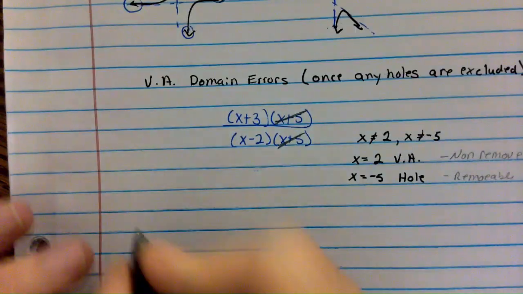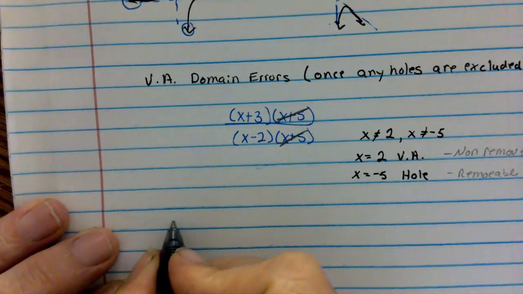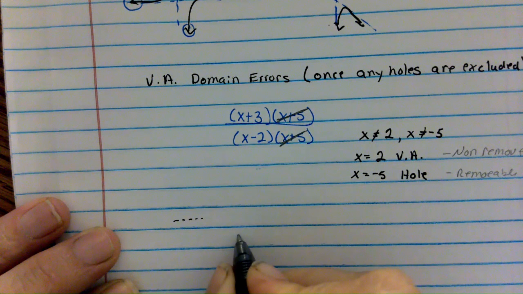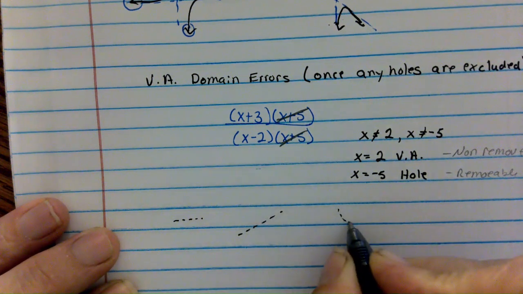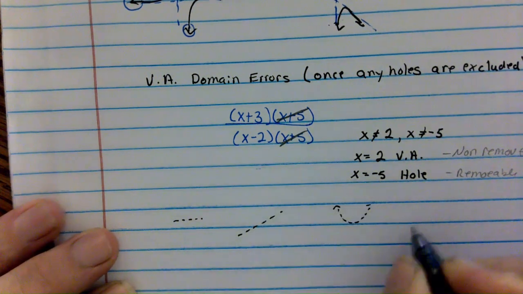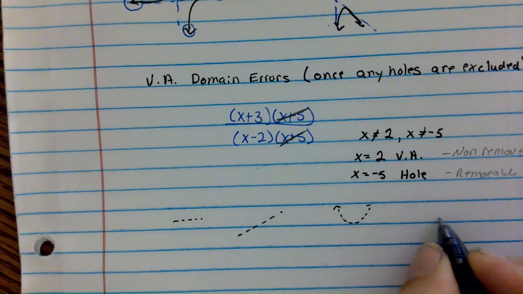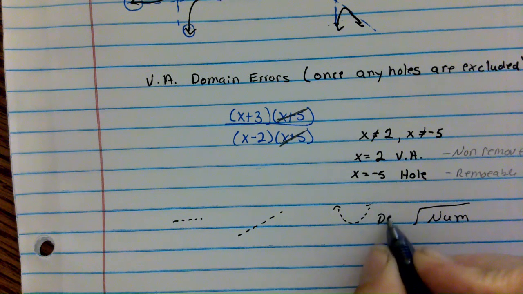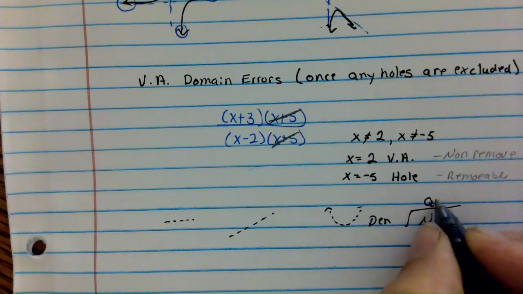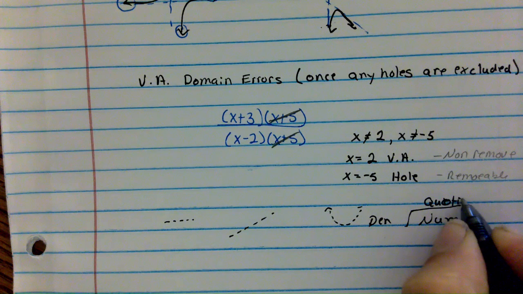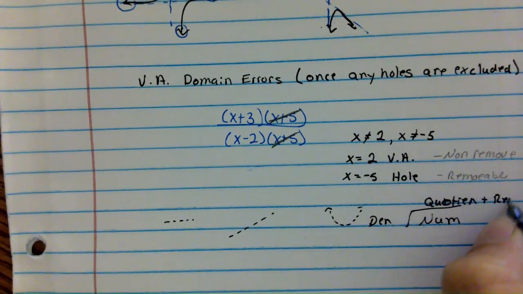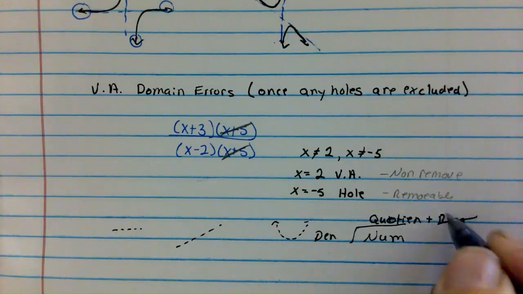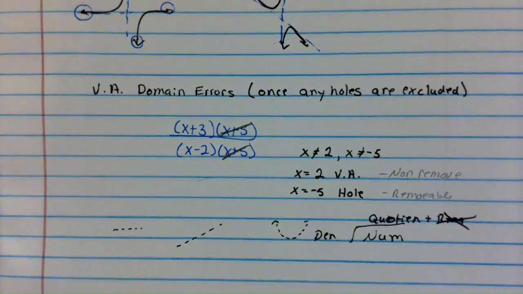Now, any other asymptotes, whether it be horizontal, slanted, parabolic, whatever, these are all found by taking your numerator divided by your denominator, and you'll get your quotient plus the remainder. You're going to kick that remainder out, and that's going to be your asymptote.